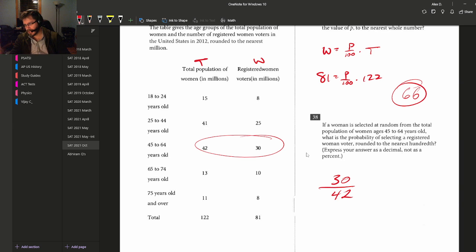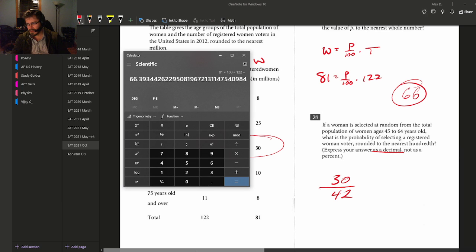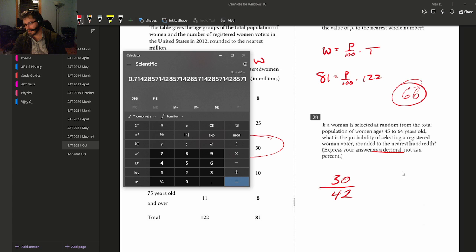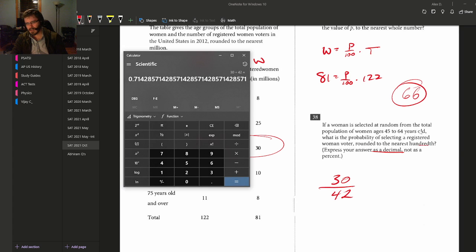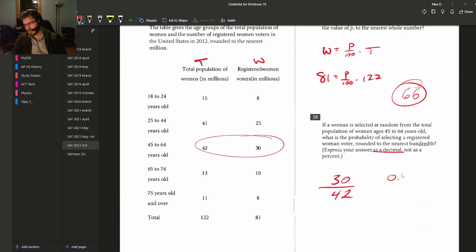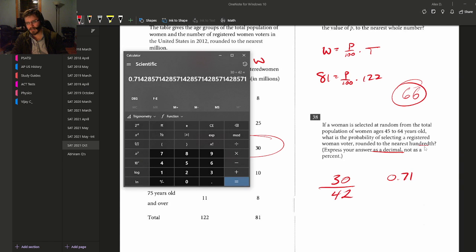You could just put that. Oh, they want it as a decimal. That probably wouldn't fit in the grids. To the nearest hundredth. So 0.71, I think.